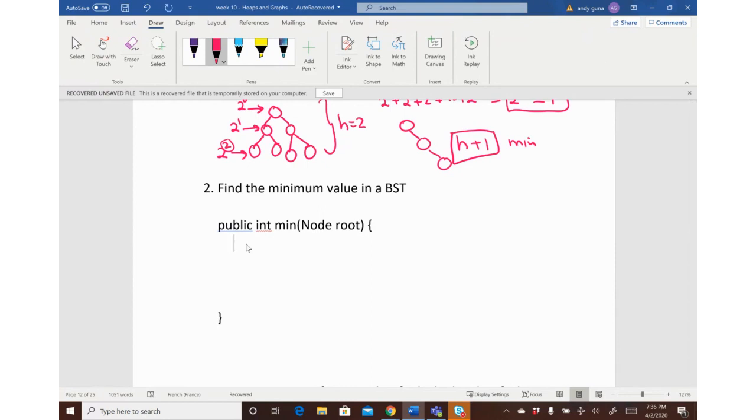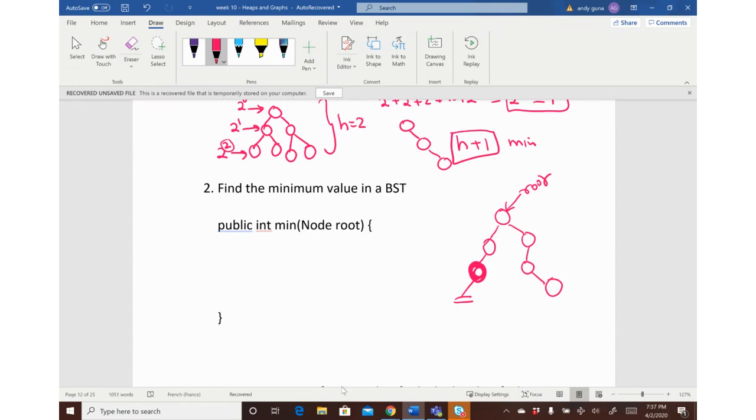Now, one thing we know is that when you have a BST like this, where is the minimum value node? The leftmost node. So that's the node you want. That means you have to keep going left, starting with the root, until you cannot go left anymore.